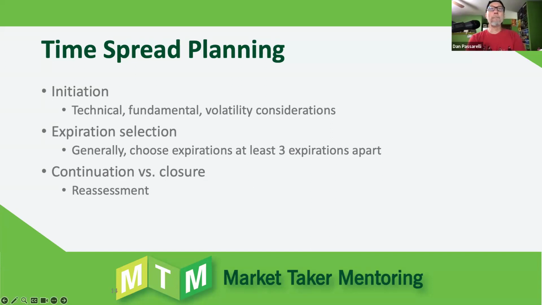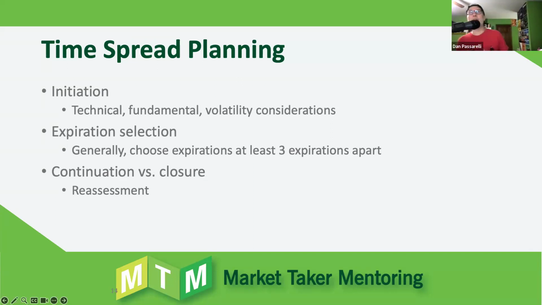I prefer to do it with a couple expirations between, at least 3 expirations apart. So maybe sell the one that expires on Friday and buy the one that expires a month from now. Why? There's a reason for that. There's what I like to call method to my madness, and I'll talk about it.